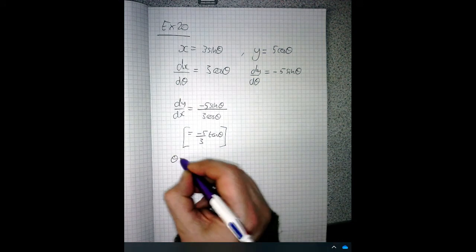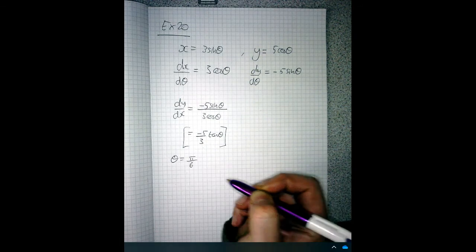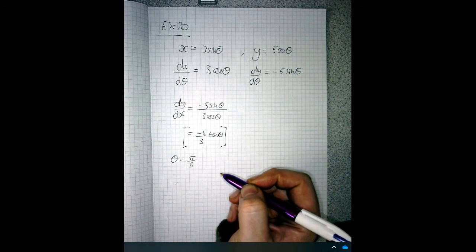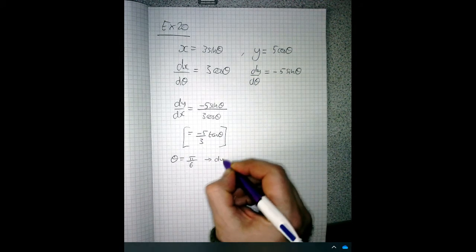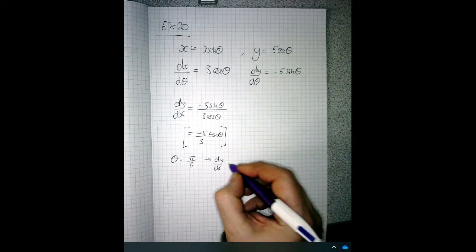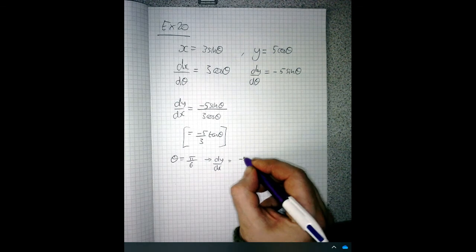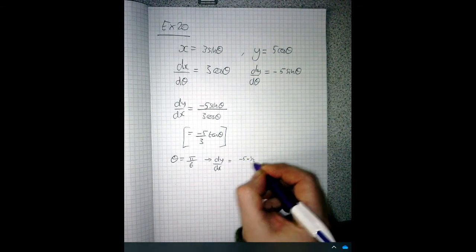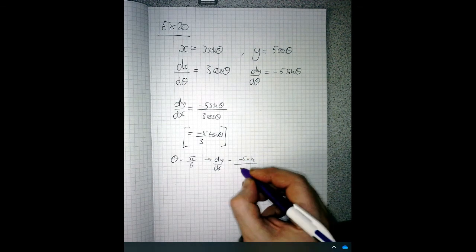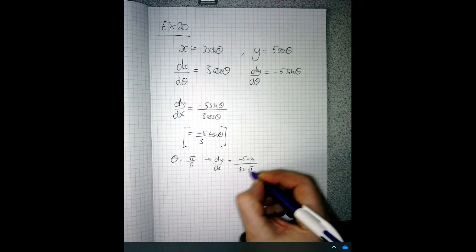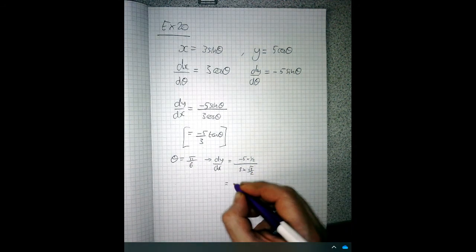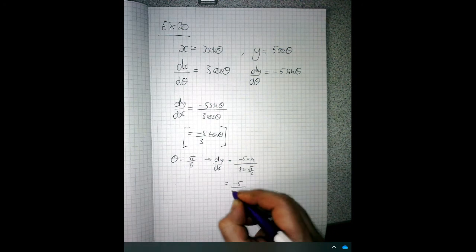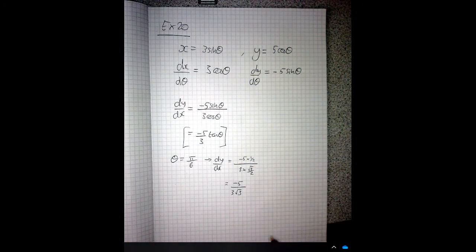If theta equals pi over 6, we are in radians here. Dy dx is minus 5 times a half over 3 times root 3 over 2. Multiply numerator and denominator by 2: minus 5 over 3 root 3.